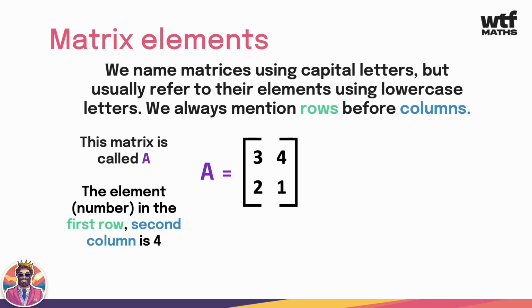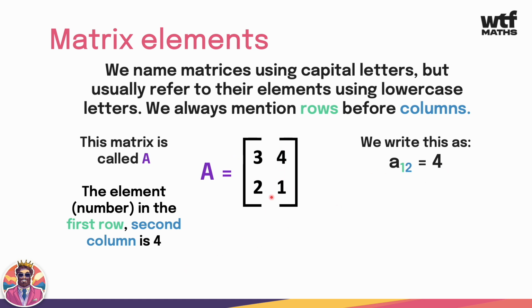This is matrix A. The element in the first row, second column is 4. So if we want to talk about this 4, we'd say a, lowercase, 1, 2 is 4. So in matrix A, first row, second column right here is 4.